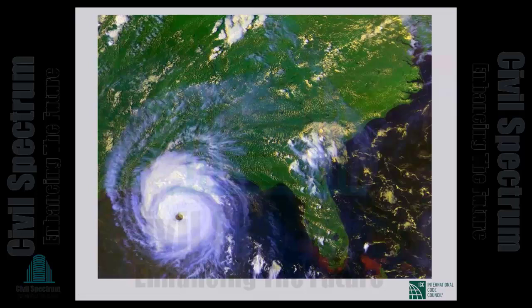A cyclone or a hurricane, unlike a tornado, covers a large area, as I think you can see from this picture. This is the state of Florida. This is southern United States. This probably is somewhere like Louisiana.